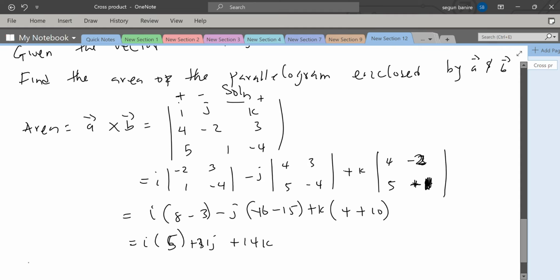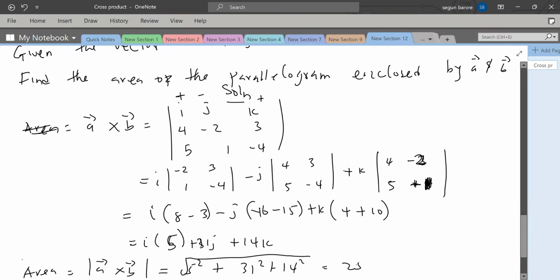Okay, so this is not the area. The area is the magnitude, which is the square root of 5 squared plus 31 squared plus 14 squared. 5 squared will give you 25. 31 squared is 961. 14 squared is 196.